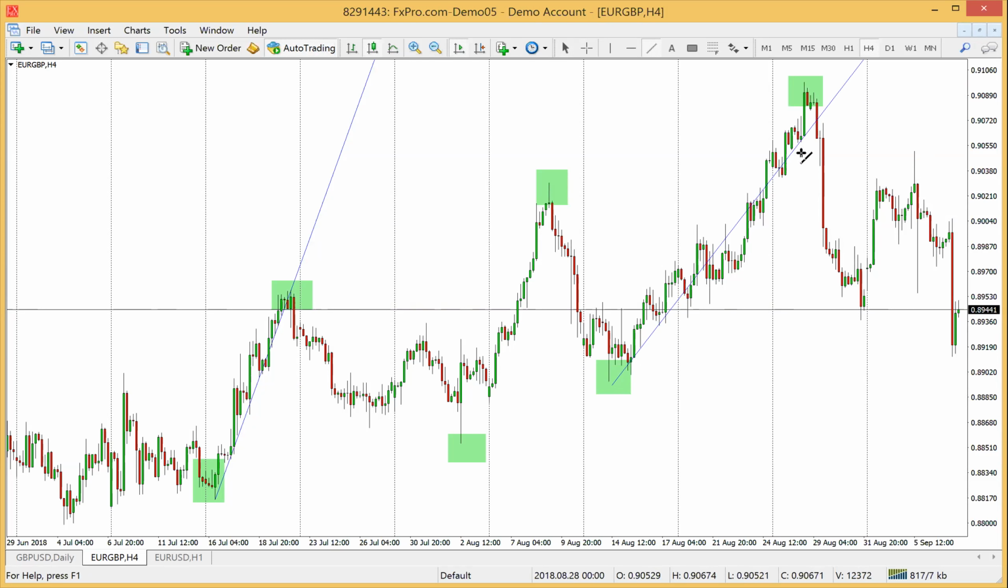But what a trend line break is, you simply draw a trend line, however you'd like to draw it, and you say once price closes below your trend line, you'd sell. Here you would have made money, but there are obvious examples of where you would have lost money. It's up to you to make sure you test that and see where it works and where it doesn't work. But I hope that makes sense for you guys.